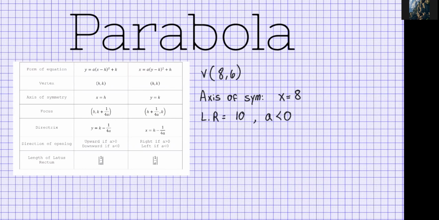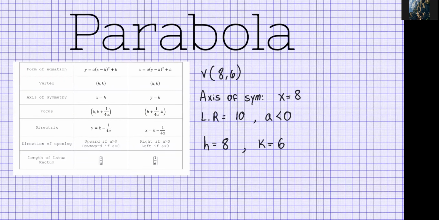So let's begin by identifying our h will be 8, our k will be 6. And in the same way as before, we have to decide whether this is a vertical or a horizontal parabola. Now, the good thing is that the axis of symmetry works exactly the same way.